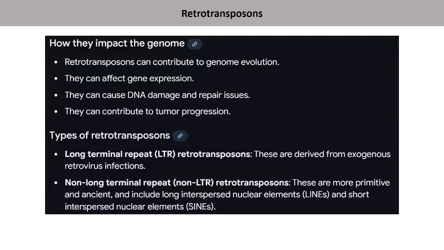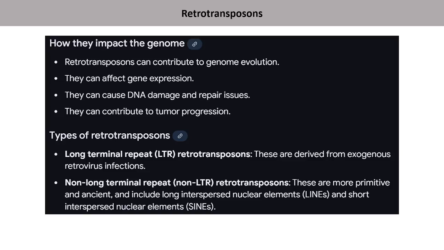So basically, LTR retrotransposons, the reason they are called long terminal repeat is that they are derived from some exogenous retrovirus infection. Some retroviruses use RNA as their genetic material. So any kind of retrovirus infection can cause LTR retrotransposons. In the case of non-LTR retrotransposons, they are more primitive and ancient.